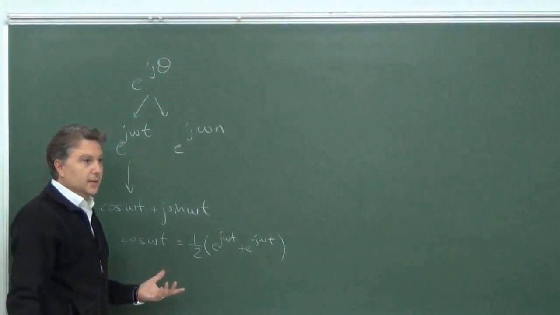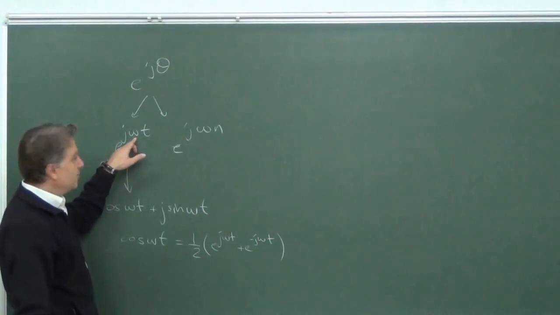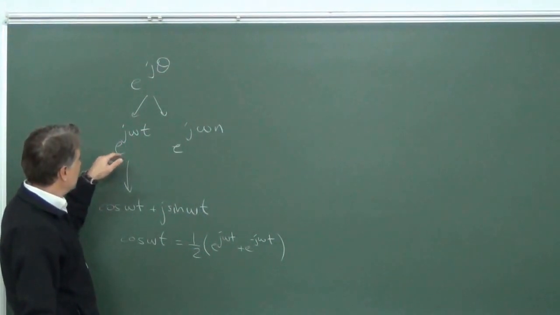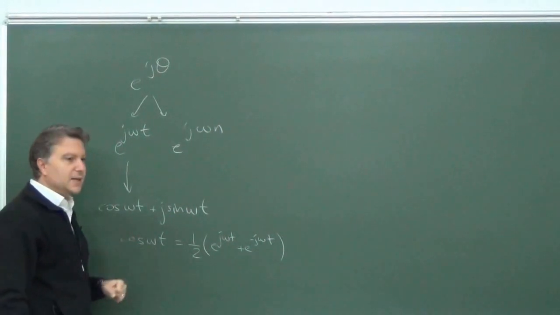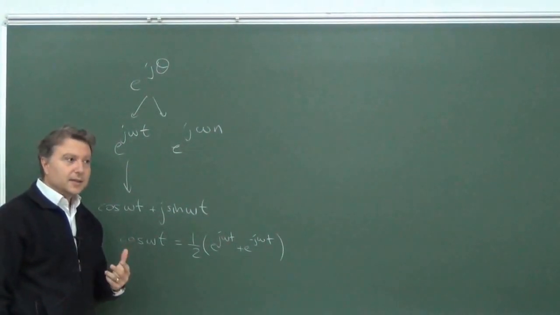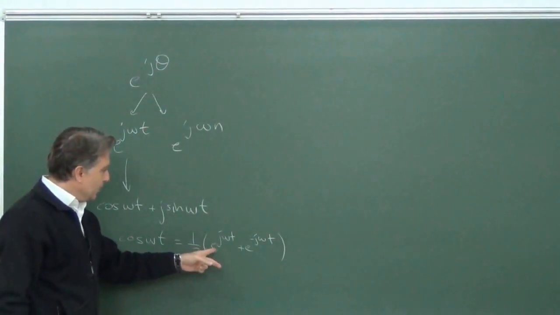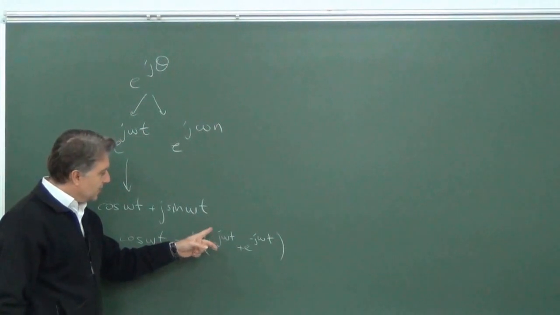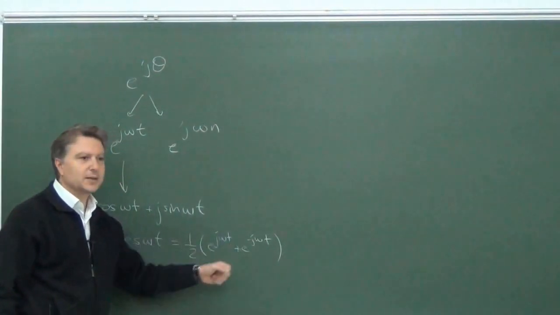So strangely, if you are calling this omega to be the angular frequency for a complex exponential in this form, e to the j omega t, then cosine omega t has technically 2 frequencies. Why? Because one of them is the frequency of e to the j omega t, the other one is the frequency of e to the minus j omega t.